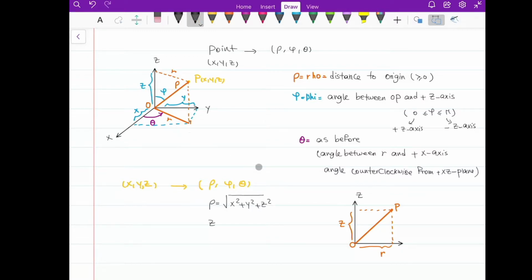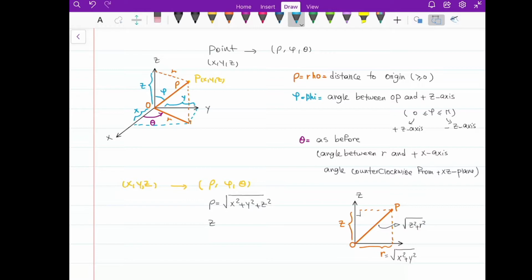So what is R? This distance that I have in here is the square root of z squared plus r squared, considering this right triangle that I have in here, the right triangle O, Z, and P. And r, as before in the polar coordinates, would be the square root of x squared plus y squared.